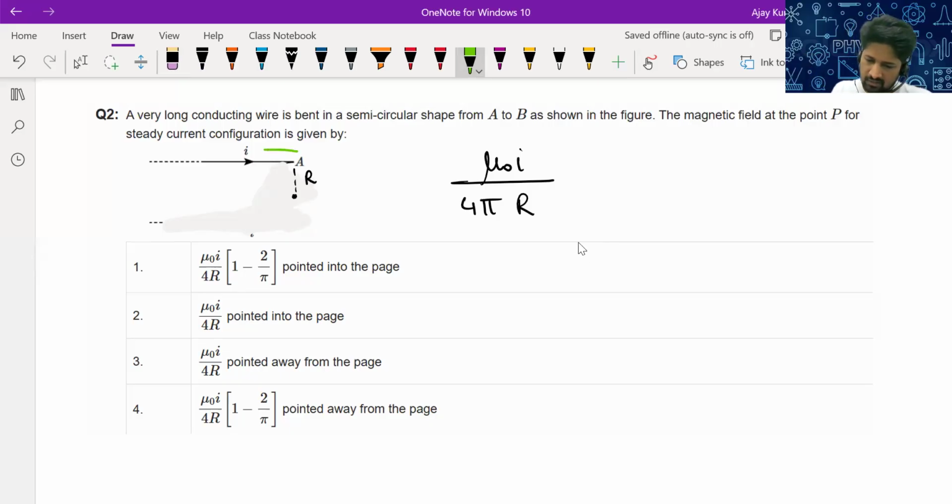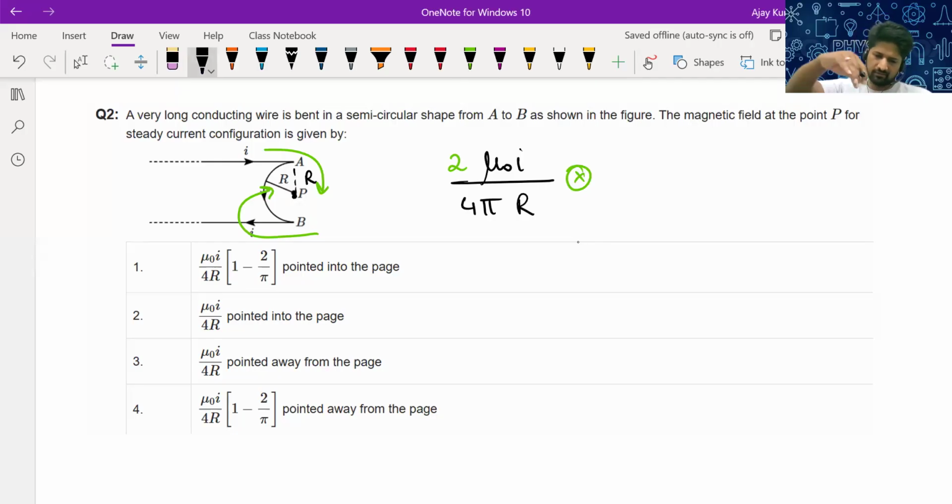Direction, if you see, Idl cross r, it is into the screen. The other straight wire will also produce a magnetic field into the screen itself, Idl cross r. So 2 times this, into the screen.